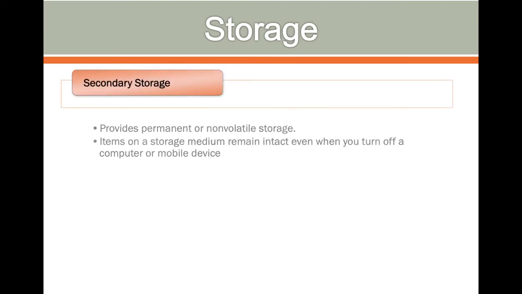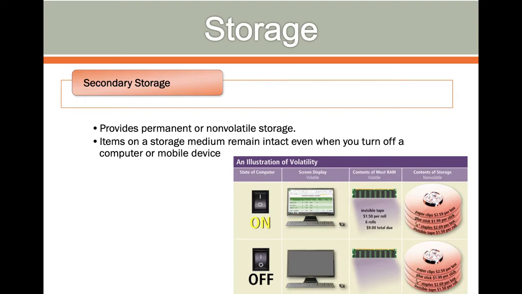Okay, secondary storage. What is that? It provides permanent or non-volatile storage. Items on a storage medium remain intact even when you turn off a computer or mobile device. So this is an illustration of volatility.